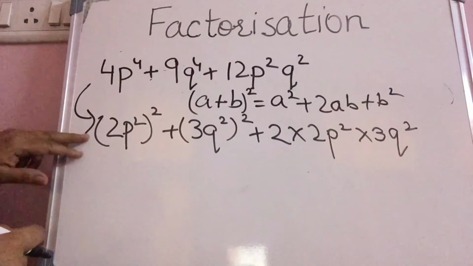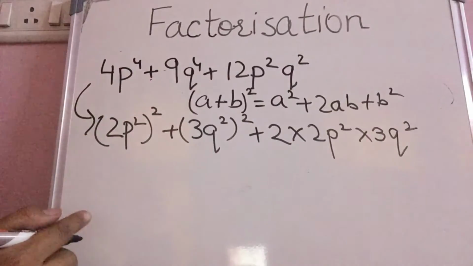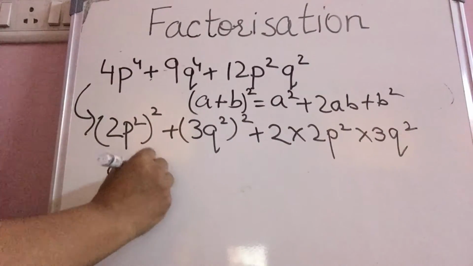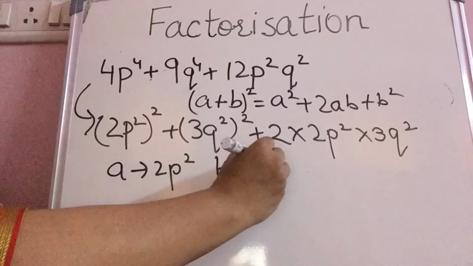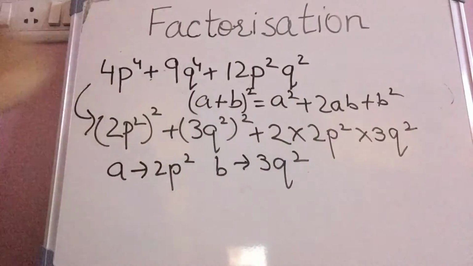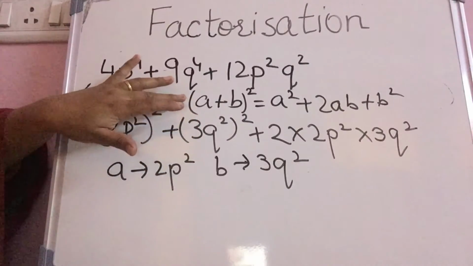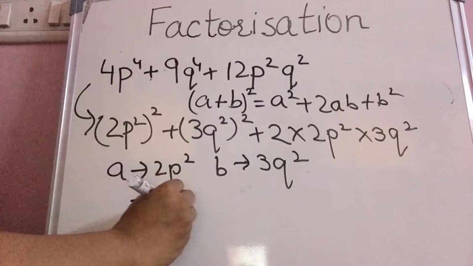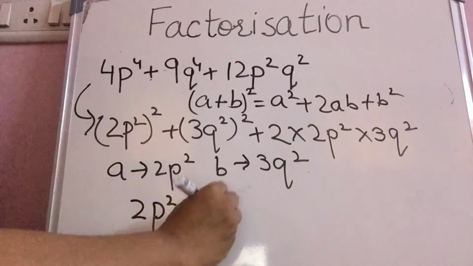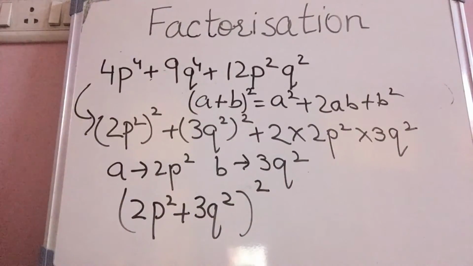Now this is the right hand side of the identity. If we compare it, we get a as 2p square and b as 3q square. Now we can write this as the left hand side of the identity: (2p square plus 3q square) whole square. So this will be the answer. On factorizing this, we get this.